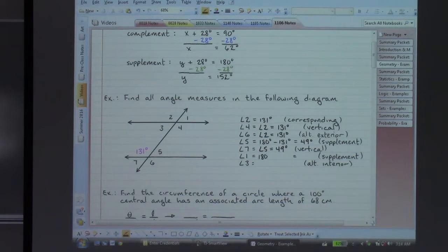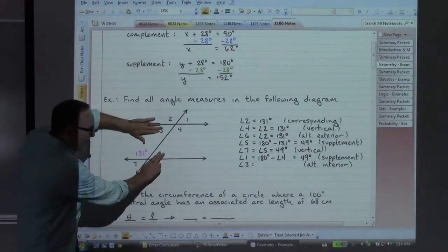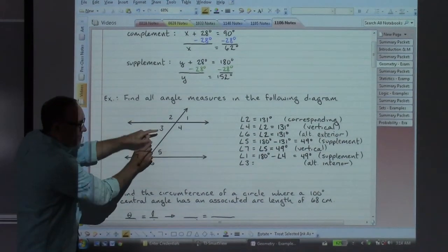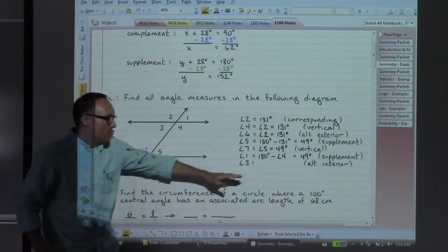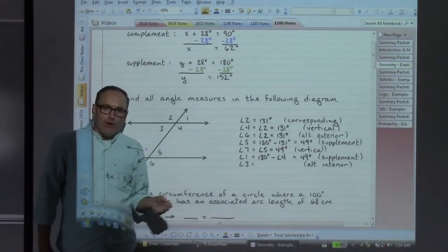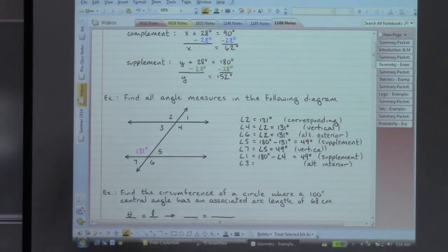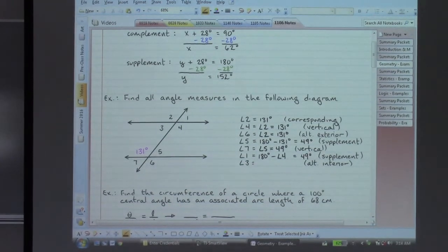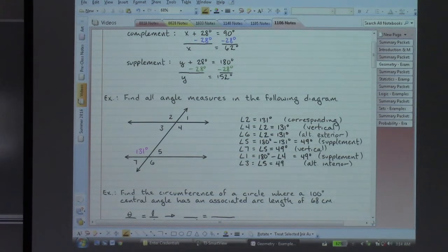So 180 degrees minus angle 4, which we know is the 131 degrees, so that we're getting angle 1 is 49 degrees. And then angle 3, here's what I was thinking of just a moment ago. We've got angle 3, we've got angle 5. These are interior. They're on opposite sides of that transversal. So angle 3 and angle 5 are alternate interior angles. Alternate interior angles are equal. So angle 3 is equal to angle 5, and angle 5 we have as 49 degrees.